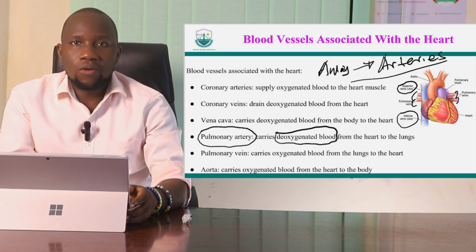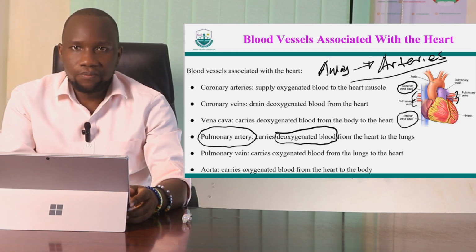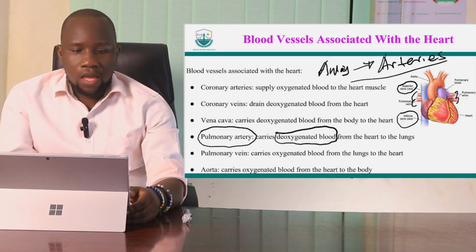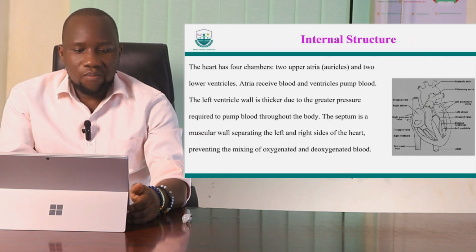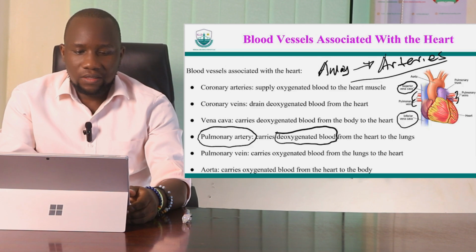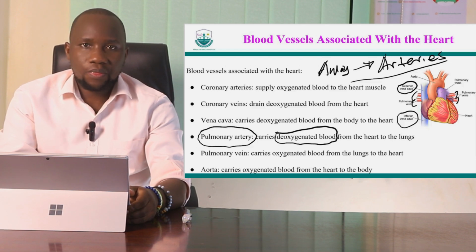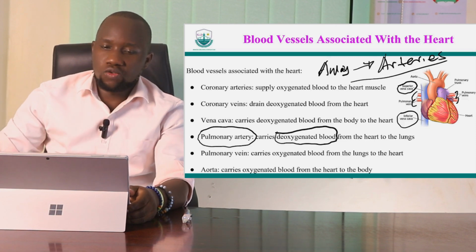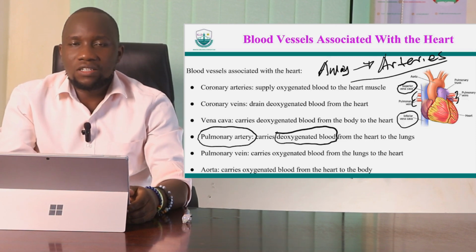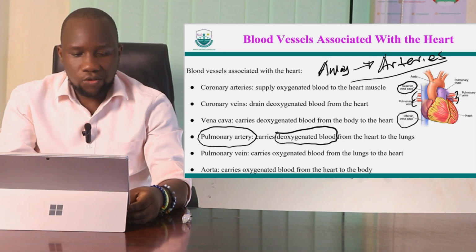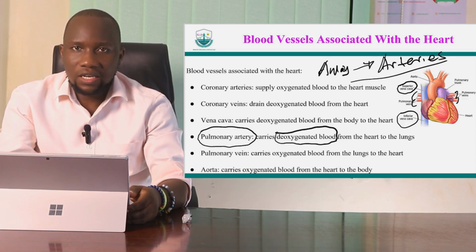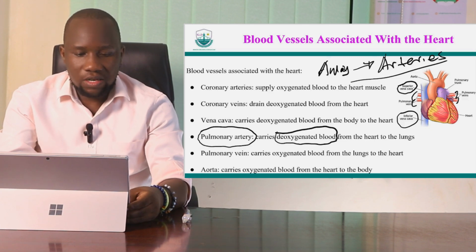They bring oxygenated blood from the lungs to the heart. And then one of the major arteries is the aorta. The aorta is the one which splits into the different arteries. So the aorta is the one that carries blood away from the heart to the different parts of the body.